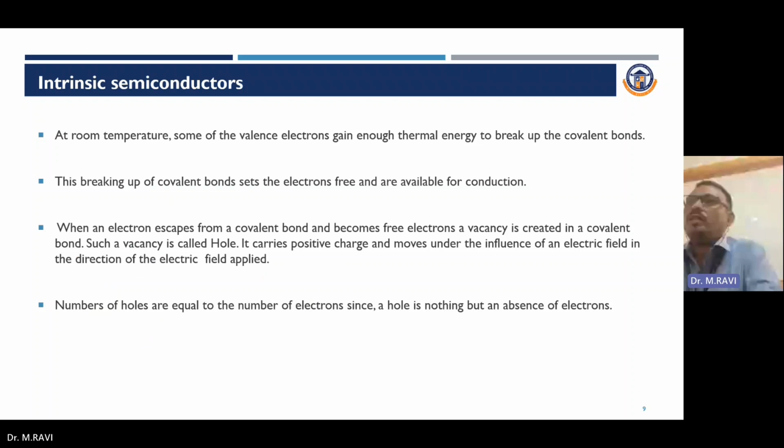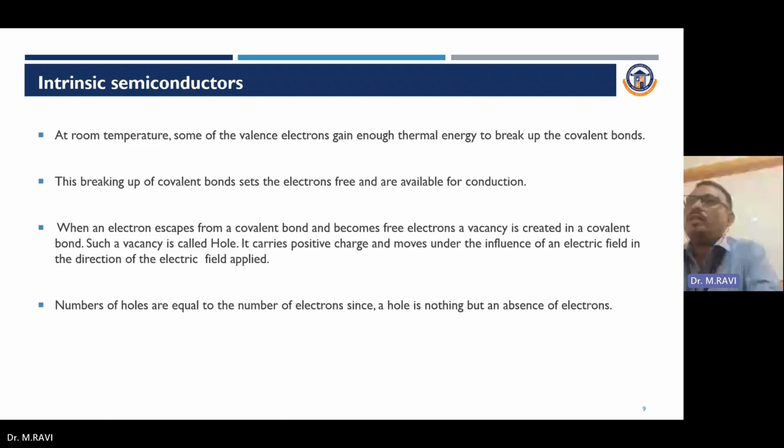In an intrinsic semiconductor at room temperature, some of the valence electrons gain thermal energy and break the covalent bonds. The breaking of these bonds sets electrons free, and they are available for conduction.